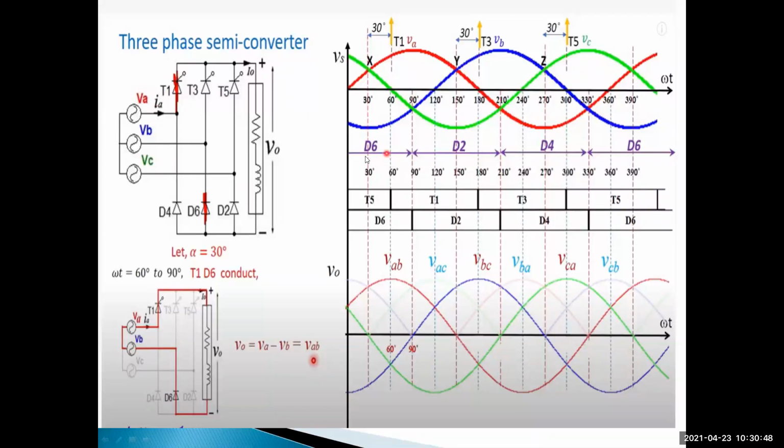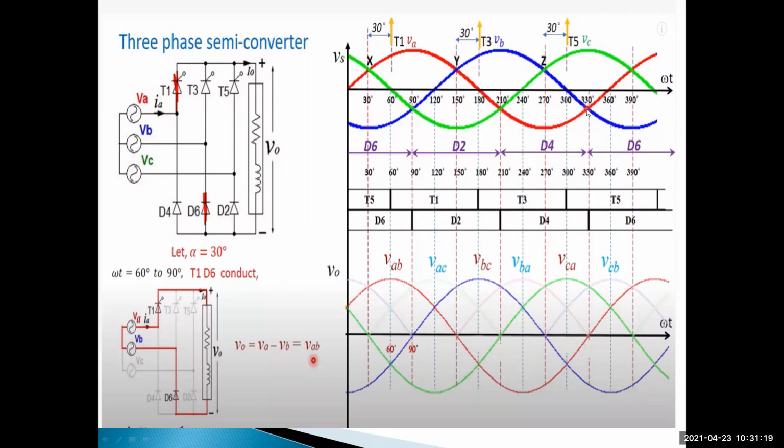Try to consider this region here. This is called B phase. This is called VA, the red color is VA, the blue color is VB, and this is VC. VA is more negative from 210 degrees to 330 degrees.